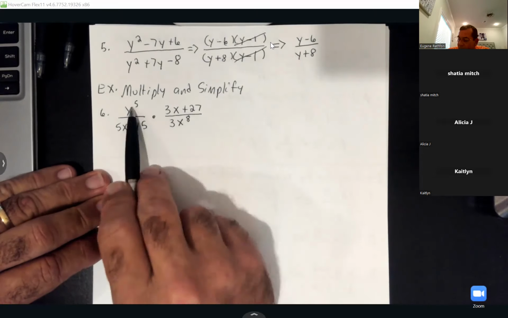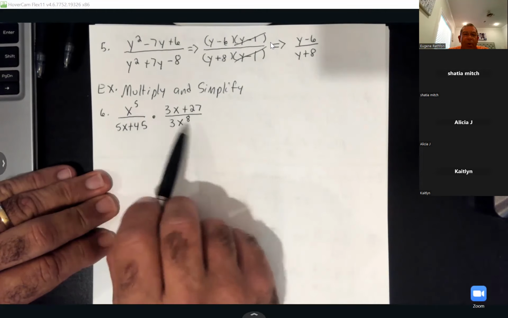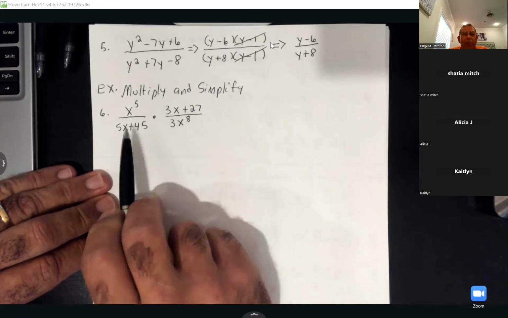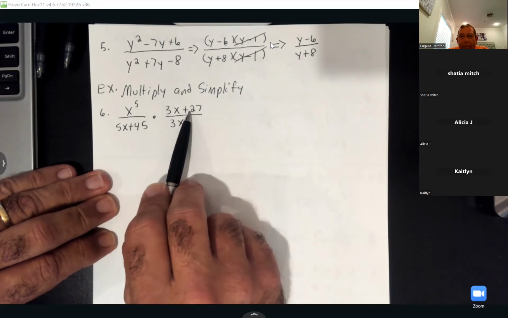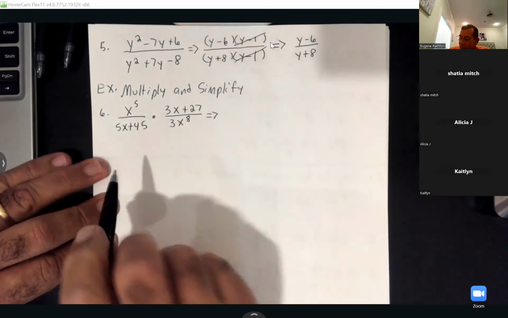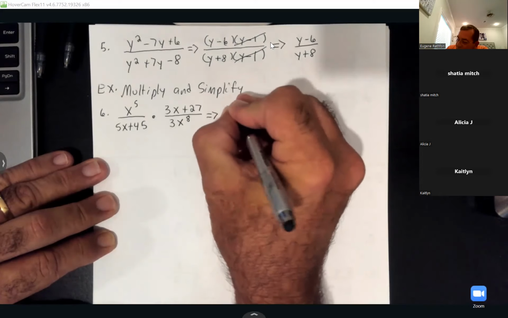So the x to the 5th and the x to the 8th, we'll take care of that using our exponent rule. But what we've got to do is factor this binomial here and factor out that binomial there. So y'all gonna bring over that x to the 5th. Can't do anything with it at the moment.